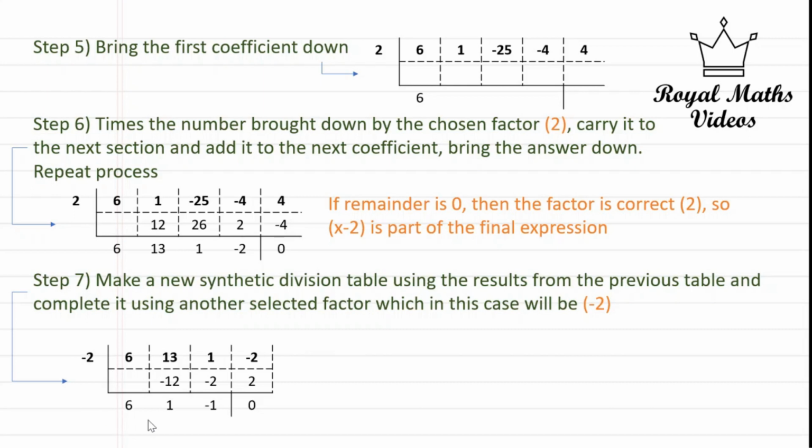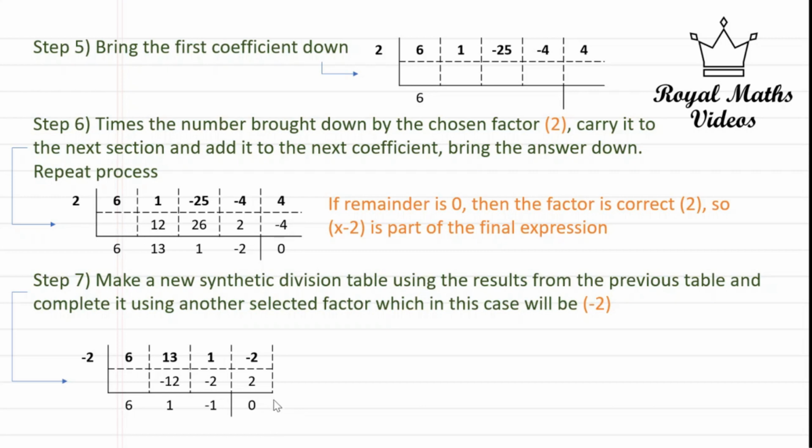So now we do it again as we did before: 6 times minus 2 is minus 12, plus 13 is 1. And again, 1 times minus 2 is minus 2, plus 1 is minus 1. And then minus 1 times minus 2 is 2, because a minus times a minus is a plus. So then 2 minus 2 is 0.